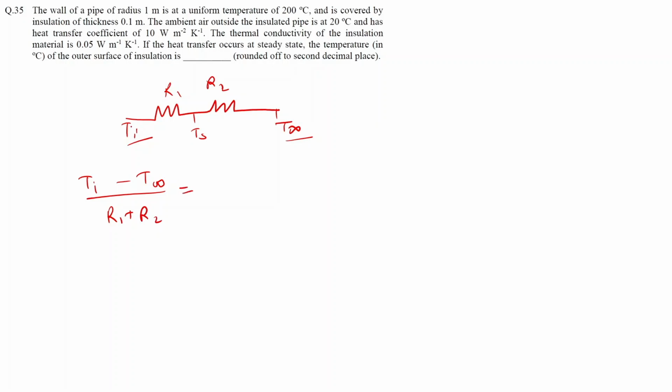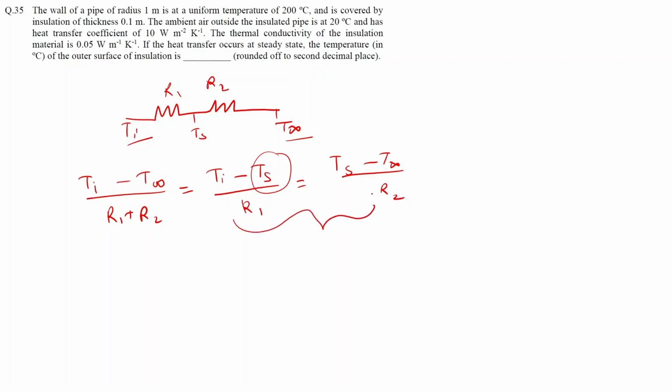This will be equal to Ti minus Ts upon only one resistance between them, that is R1. Similarly, this will become Ts minus T infinity upon R2. So you can use any of the two terms and ultimately find the temperature of the surface. Let's consider these two terms for our purpose.